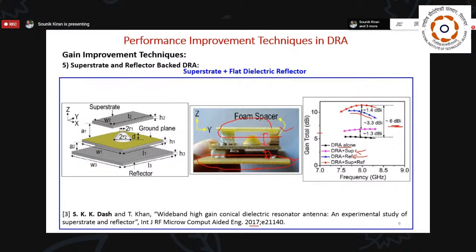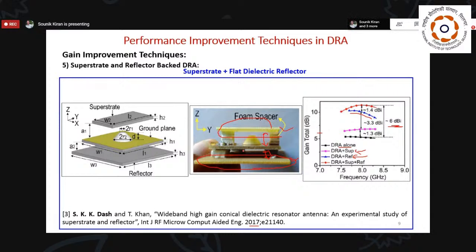So we need to check these two heights, and that depends upon which frequency we are working on. The bandwidth is also not much affected. So this technique can be used by those who are using any antenna for enhancing the gain.